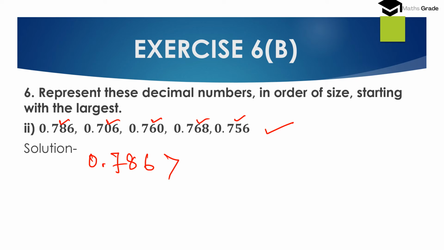Then after 8 it is 6, but there are two decimals which have 6 in the 100th place: 0.760 and 0.768. But in 760, in the 1000 place it is 0, and in 768 in the 1000 place it is 8. So 0.768 is the larger decimal, then 0.760.